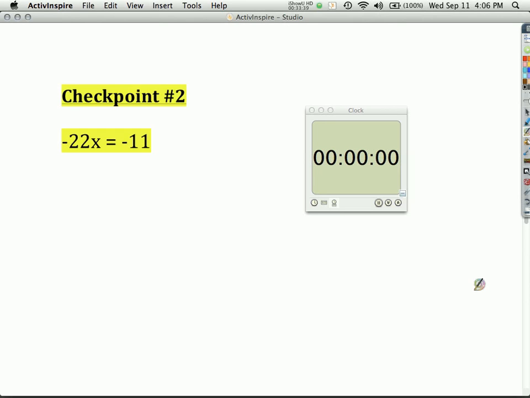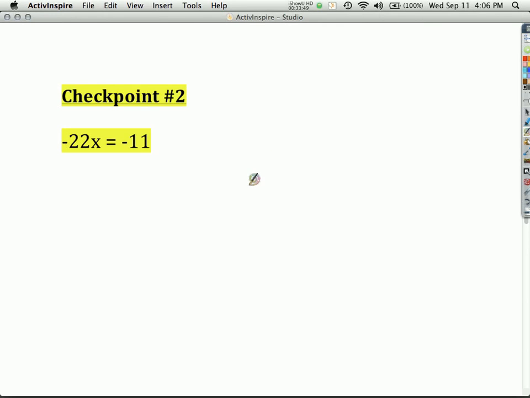So we got some disagreement because we got 1/2, we got negative 1/2, and we got 2. What do you think, Alexandra? x equals 11. We got some massive disagreement here. What do you think, Daniela? x equals negative 1/2. What do you think, Stephanie? x equals negative 1/2. The correct answer is 1/2 or 0.5.